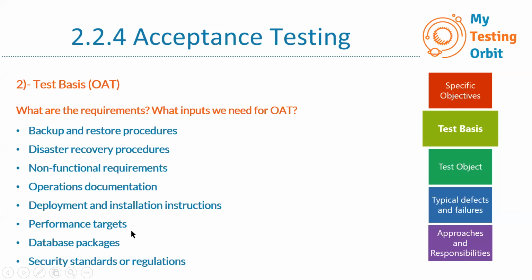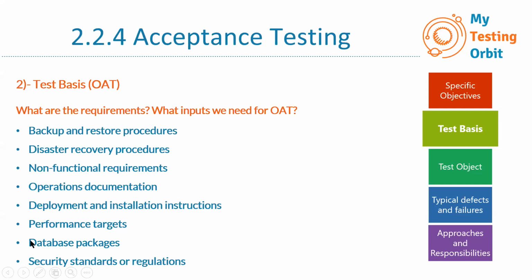Then come the database packages. Database packages are nothing else but the database itself. For example, if we are using Microsoft SQL Server, that is a database, so basically that is a database package. If we are doing any kind of data load migration or database migration, then of course we do need some database in order to do that.